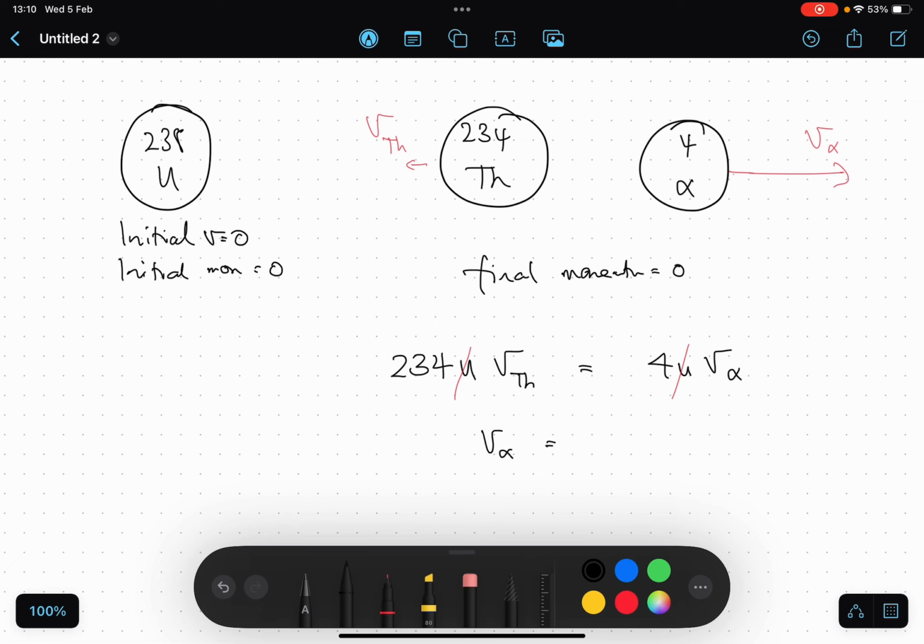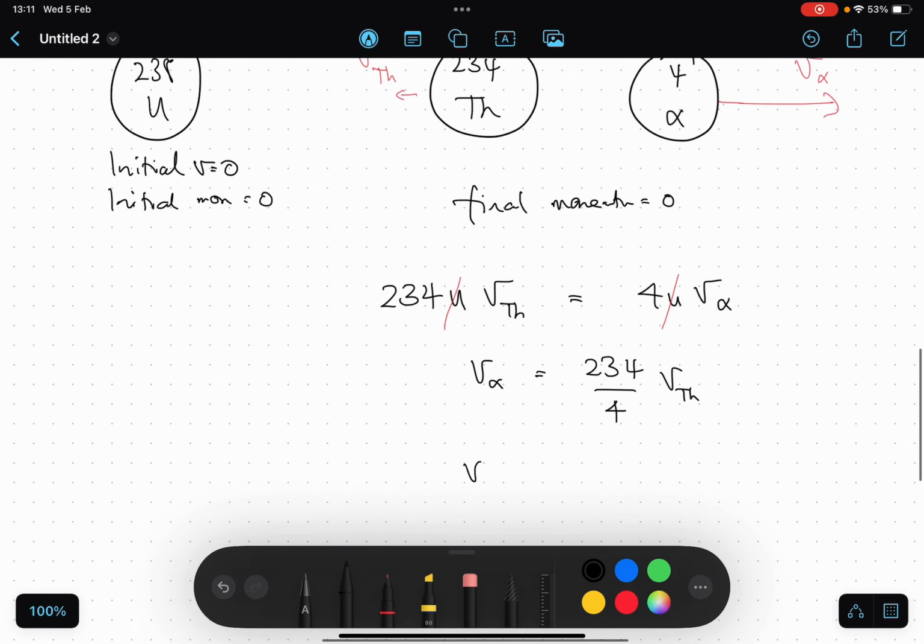So this is telling us that the alpha particle moves off with a velocity which is 234 over 4 times greater than that of the thorium nucleus. If I work that out, that comes to about 60 times that of the thorium nucleus. So that's applying our conservation of momentum. If the thorium nucleus was free to move, it would move off at a speed which is 1/60th of that of the alpha particle, and that's down to the difference in mass between the two.